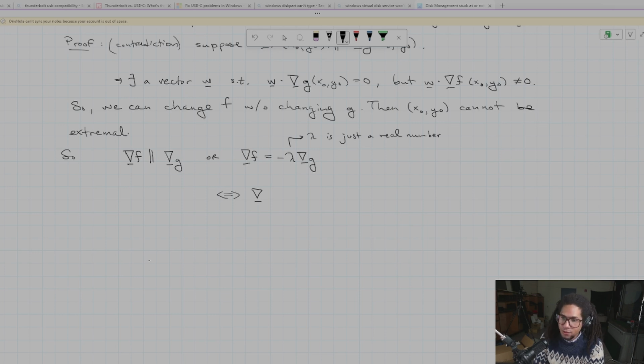That's important. Okay, so I have that the gradient of f plus lambda gradient of g is equal to 0. And so this is my analog of the Lagrange multiplier approach in calculus of variations.